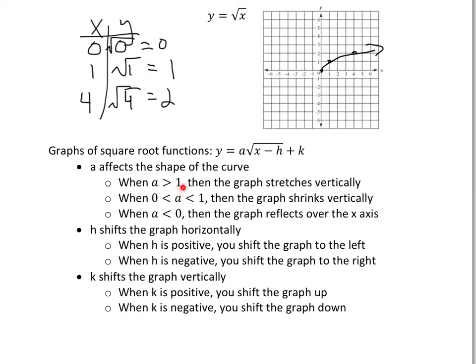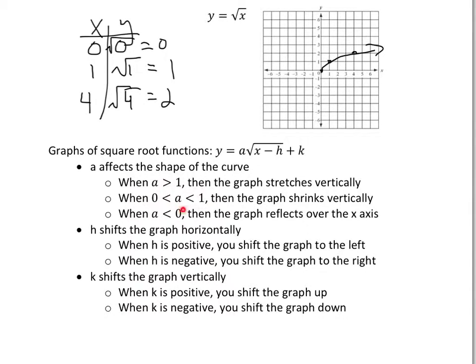If a is bigger than 0, this is very similar to what we just did with the quadratics. If a is bigger than 1, then the graph is going to stretch vertically. It's going to go up vertically like that. If it's between 0 and 1, a fraction that's still positive but less than 1, it's going to shrink vertically.